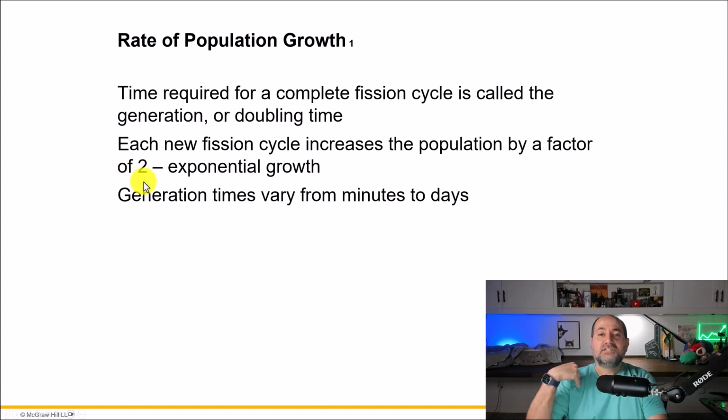That means each time the cells divide, you have twice as many cells, right? So that means that you have exponential growth with the base of 2. Generation times for microbes can vary from a few minutes, like for instance, E. coli can double roughly every 20 minutes, to a few days, right? Some organisms take days to double.